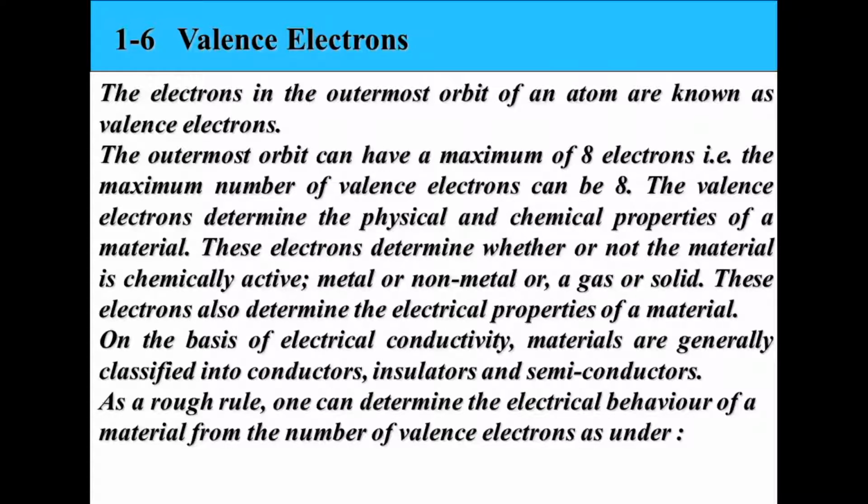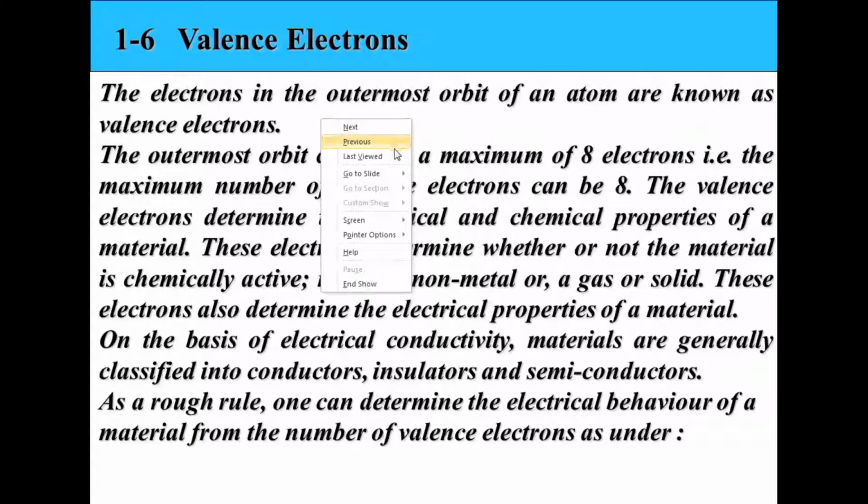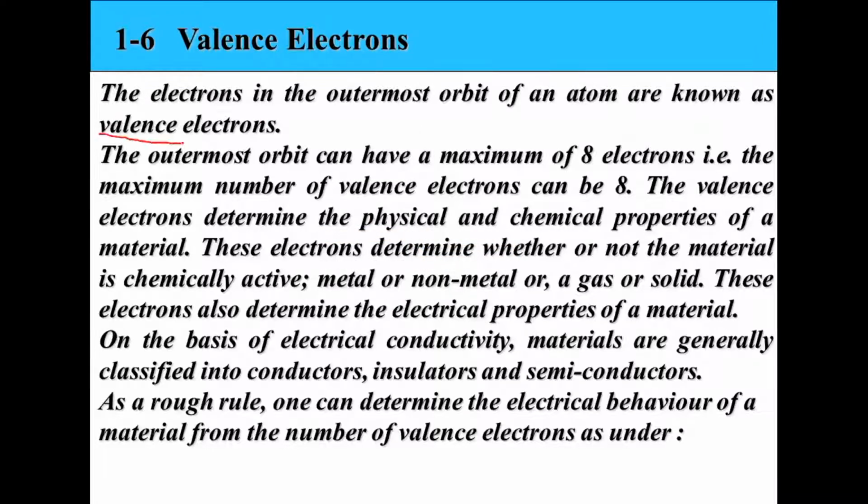While studying them, we see that the outermost orbit of any atom can have a maximum of 8 electrons, cannot have more than 8 electrons. The electrons in that outermost part of an atom are called valence electrons.